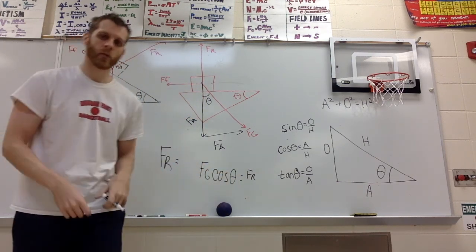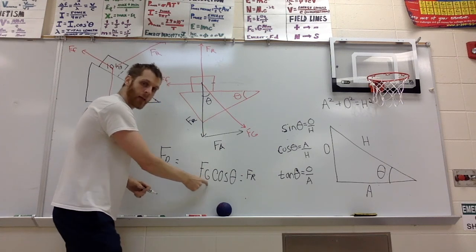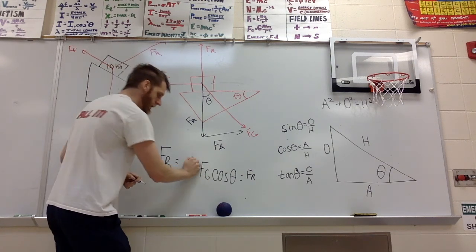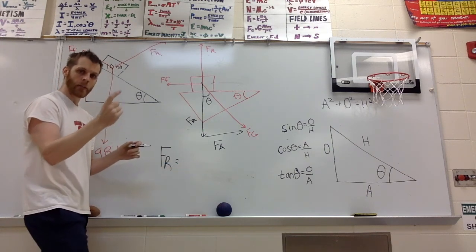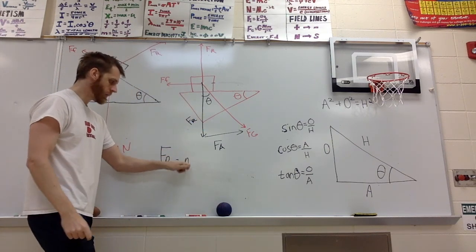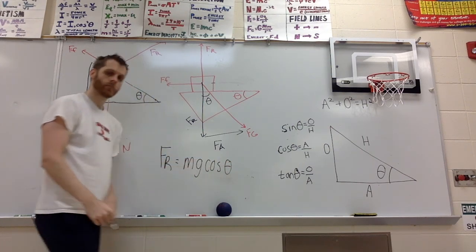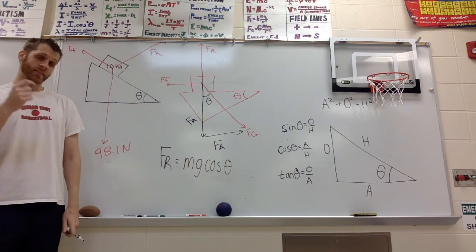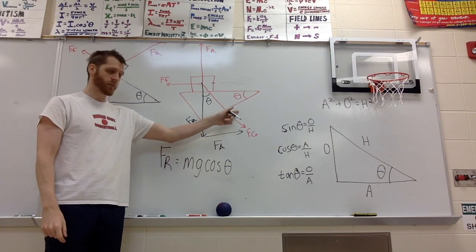Now there's another way to write force of gravity. It's mass times 9.8, or mg. So the equation for reaction force is force of gravity times cosine of the angle, or mg times cosine of the angle. And with a similar argument, this side is the opposite side, and we have the hypotenuse.